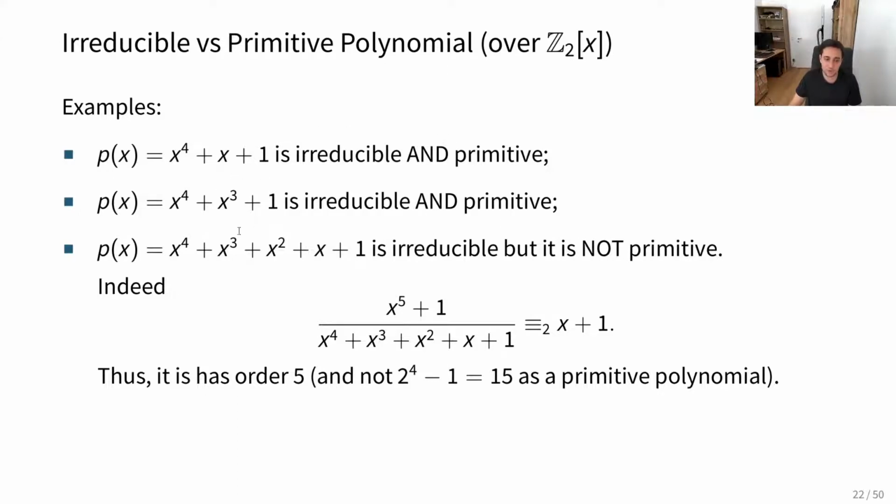Then we have also this one, for example, x to the power of 4 and so on plus 1, and this is irreducible, but not primitive, because it divides x to the power of 5. And thus the period of this polynomial has order 5, and not what a primitive polynomial would have, because that would be the order of a primitive polynomial.